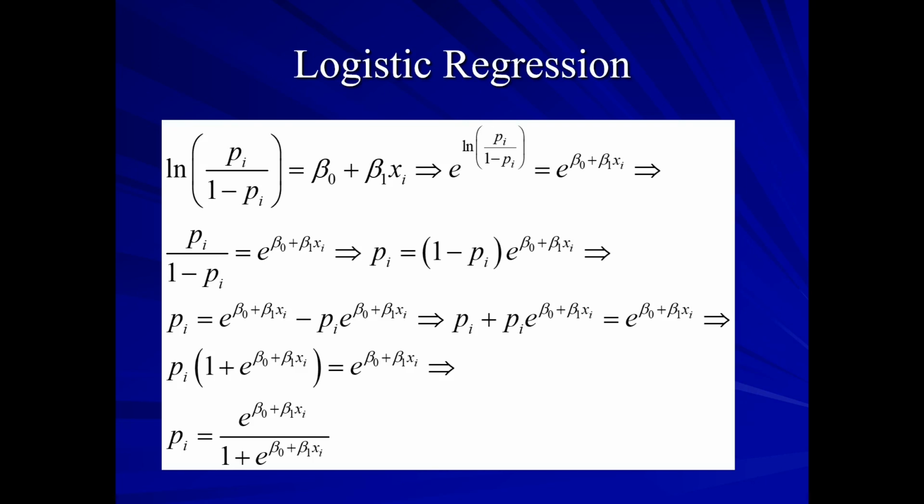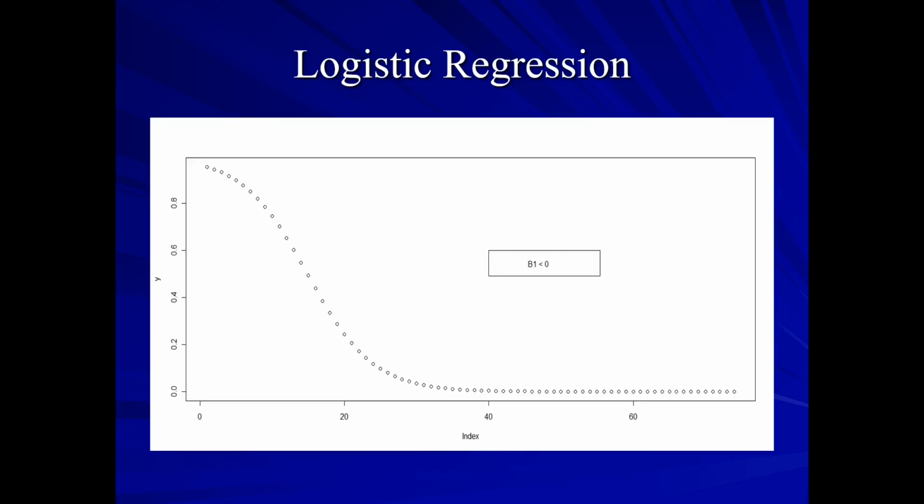Factoring out our pi, we get pi times 1 plus e to the beta 0 plus beta 1 xi equals e to the beta 0 plus beta 1 xi. And if we now divide and get pi by itself, we see pi equals e to the beta 0 plus beta 1 xi over 1 plus e to the beta 0 plus beta 1 xi.